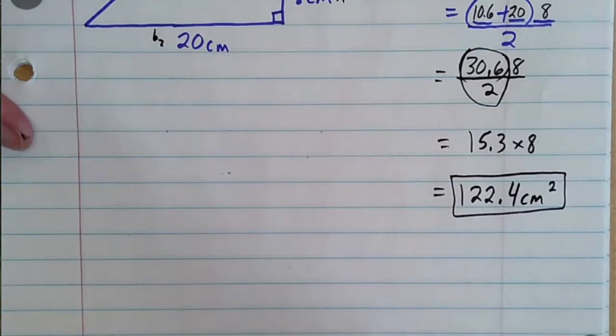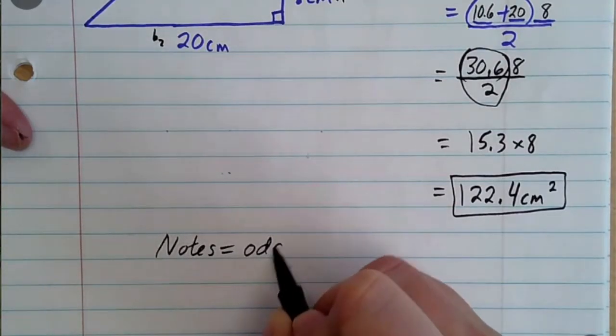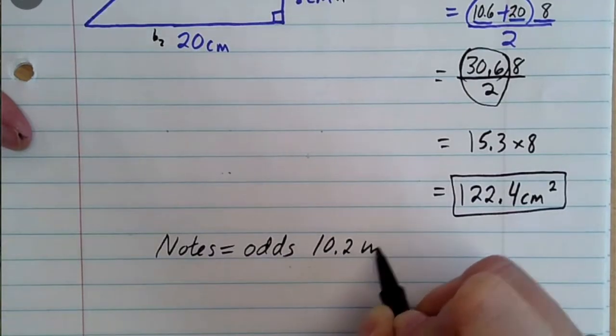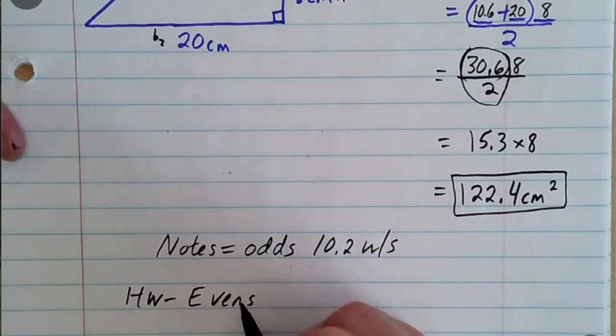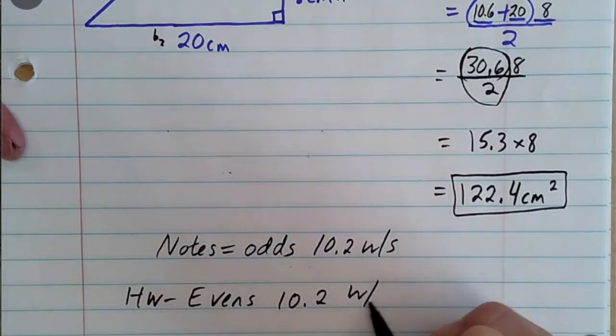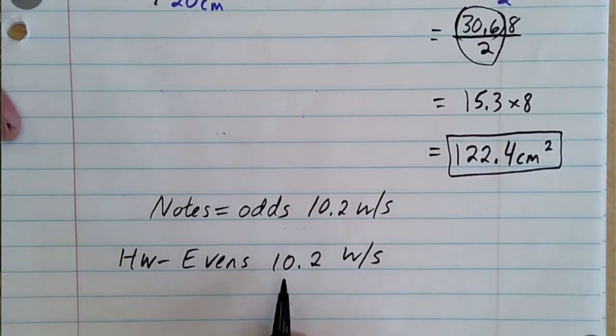The other thing we did today for our notes, we did the odd problems from the 10.2 worksheet. So your homework today is going to be the evens from the 10.2 worksheet. So pay attention to what we did on the odds, and that'll help you with the evens on the 10.2 worksheet.